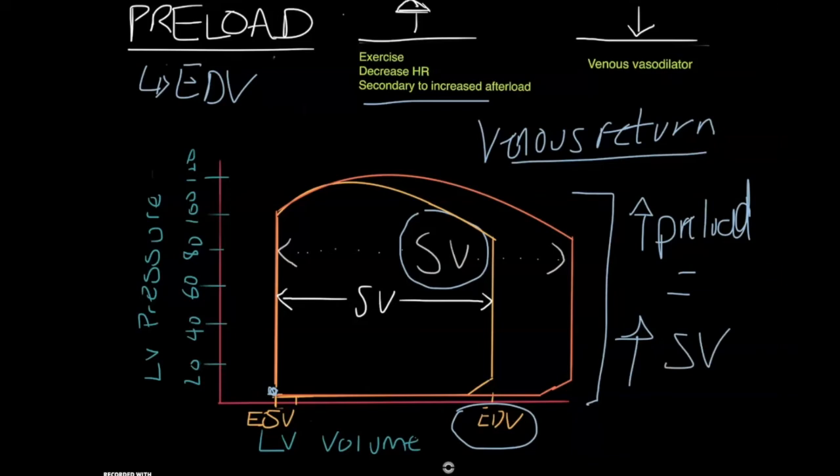Now, some things that can decrease it would be a venous vasodilator, like a drug that would cause dilation of your veins, like nitroglycerin, which is something that we use as a symptomatic treatment for people with anginal symptoms. We use venous vasodilators. This decreases the demand on the heart.